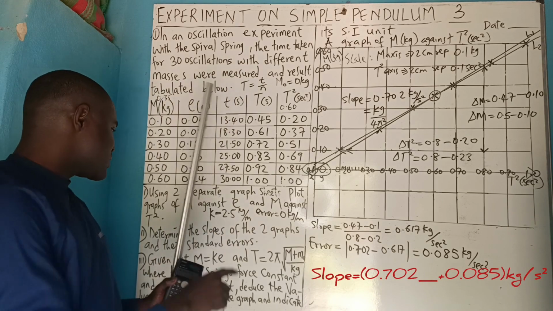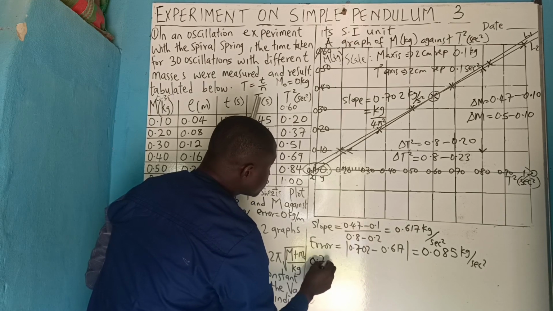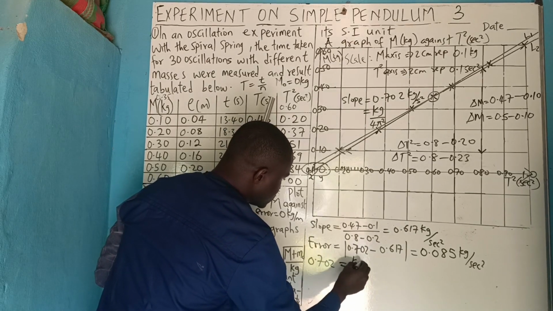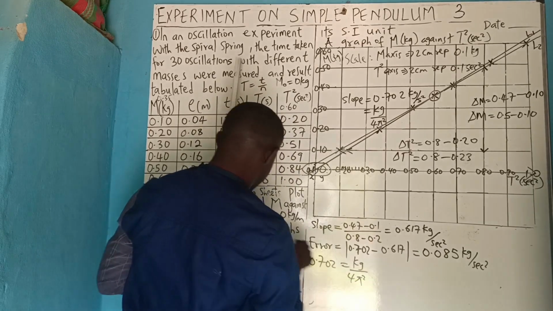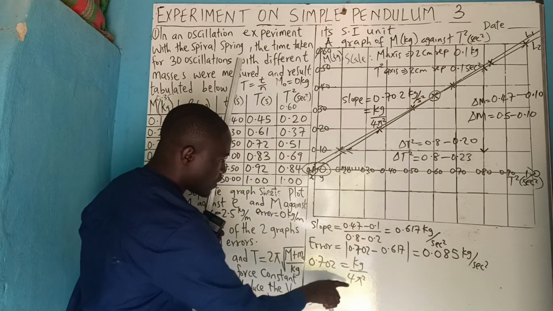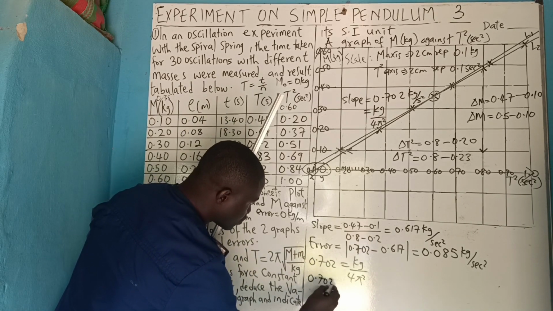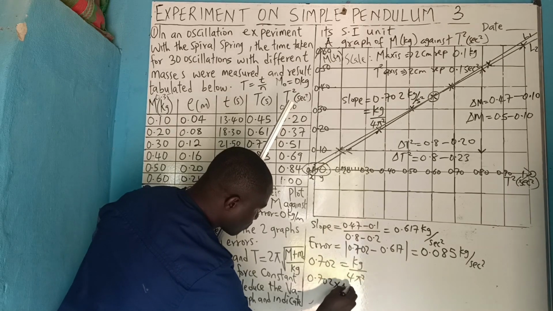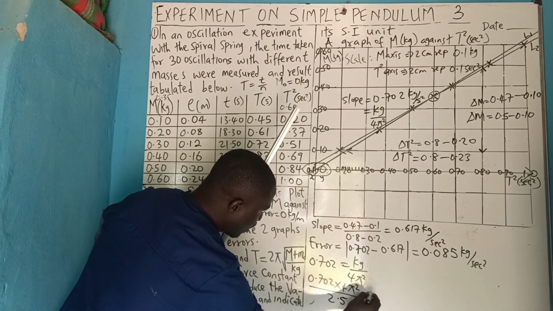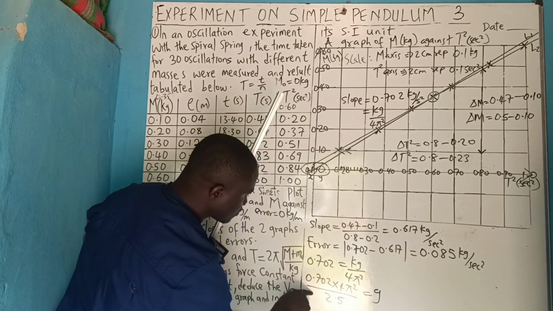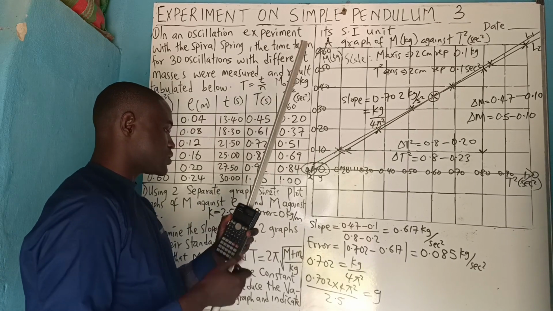Okay, let's deduce our G, knowing that 0.702 is equal to kg all over 4 pi squared, and that k is equal to 2.5. That means cross multiply: 0.702 times 4 pi squared all over 2.5 will be equal to our G. And the unit of G will be meter per second squared.